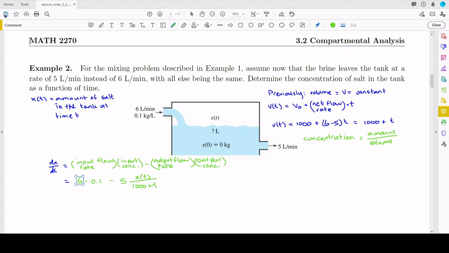So now our differential equation dx/dt is 0.6 minus 5 over 1000 plus t times x.